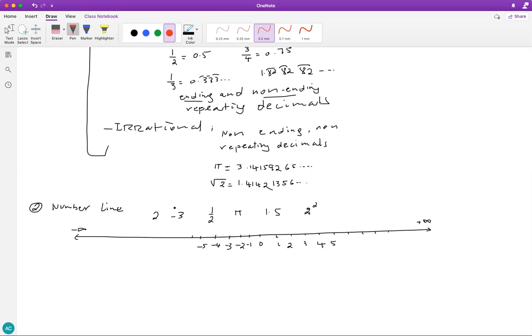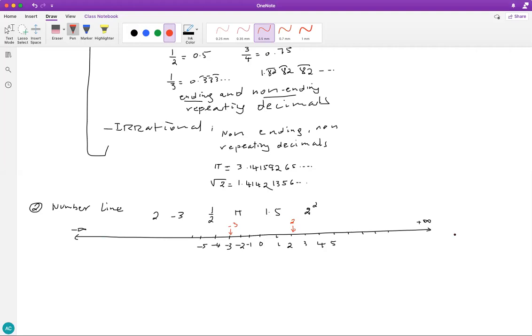If you look at the first number, 2, it's positive, so it's got to be on the right side of 0. So 0 is here, so 2 will be right here. Then you have -3. Obviously, that's a negative number, so it's got to be on the left side of 0. So that's -3. Then you have 1/2. 1/2 is a fraction.